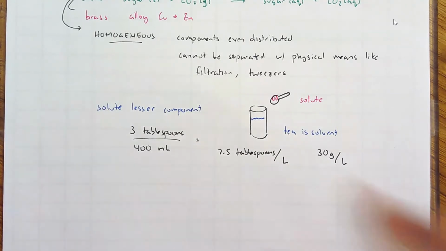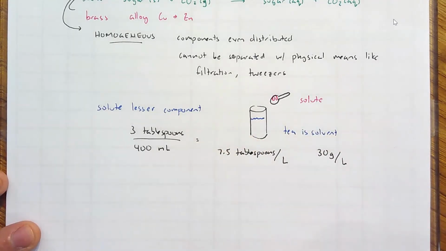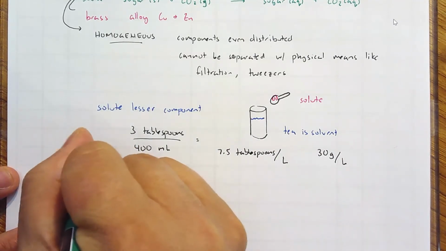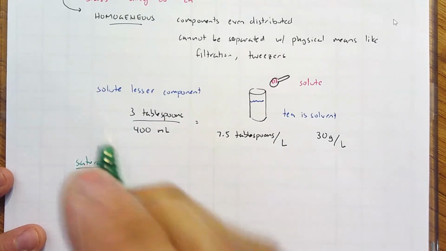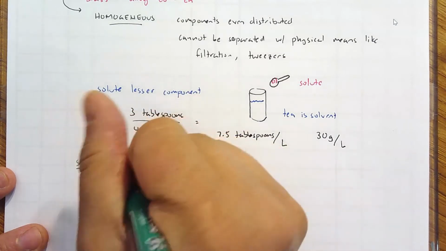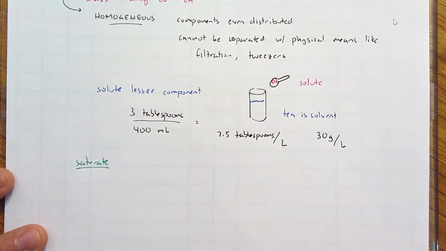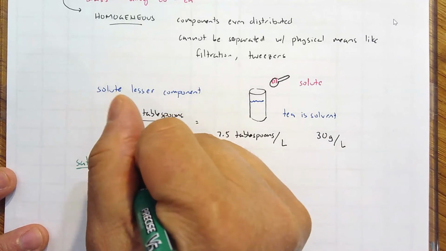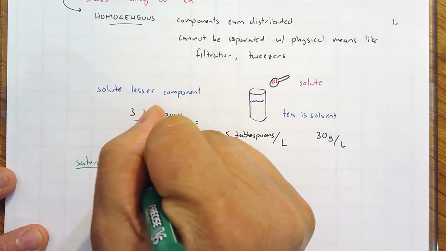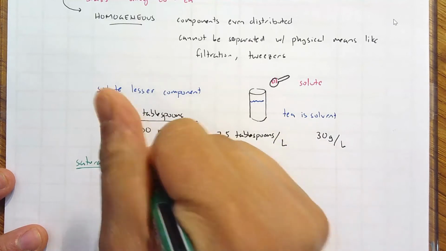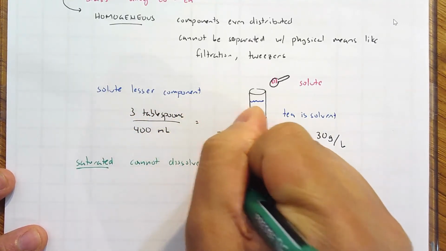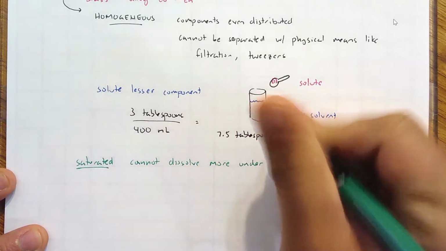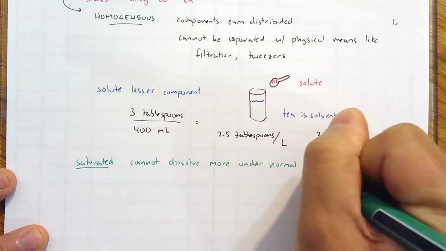Now we can saturate the tea with sugar, so that's another term. When we have a saturated solution, that means that you cannot dissolve more under normal conditions.